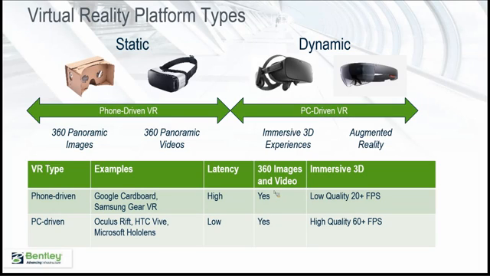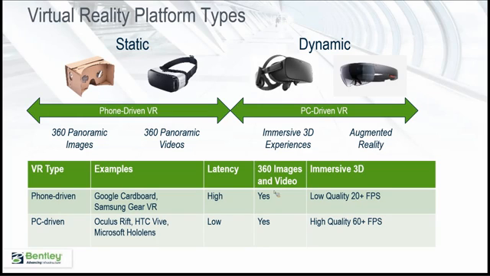And there are several significant differences between these 2 types of VR platforms. First of all, for phone-driven, the latency, meaning the time taken between looking at images when you're turning your head, is quite high. So you don't want to generally have a lot of motion or a lot of very complex scenery on that, because the frame rate won't keep up with your head or with what's going on in the scene very well, and it makes for a very low fidelity experience.